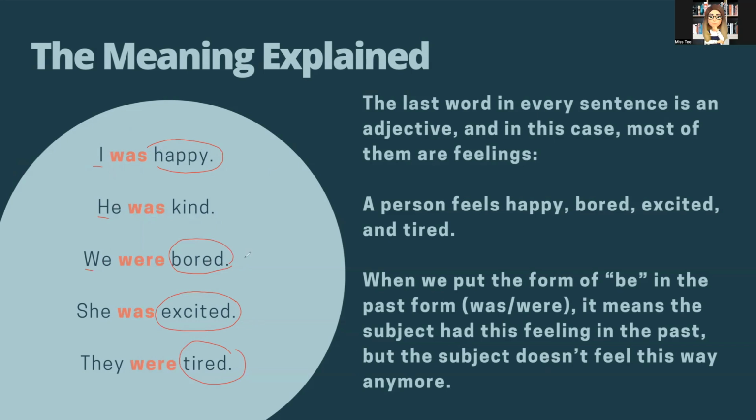We were bored sometime in the past, but we are not bored anymore. She was excited sometime in the past before now, but she's not excited anymore. They were tired. They were feeling tired in the past, but they are not tired anymore. So that's what this means.